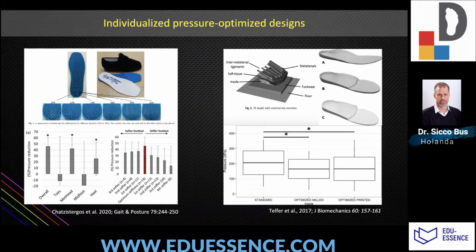Or, as is shown on the right-hand side, further individualization of insole design using pressure, shape, and also imaging techniques like ultrasound image data in a virtual simulation from finite element modeling techniques show individualized insoles to reduce pressure by at least 20% compared to the more traditional shape-based insoles. So these 2 studies also show the effect of individualized approaches using pressure analysis.